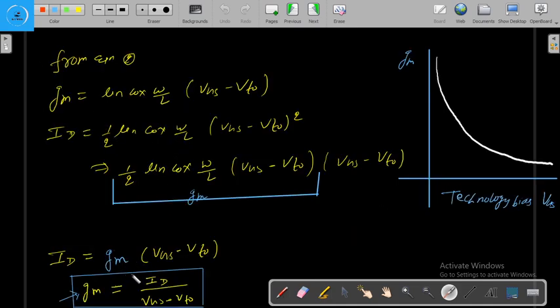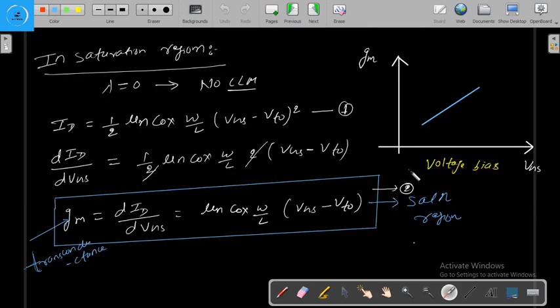The third formula is gm = Id divided by (Vgs − Vt0). This is also an important formula, and the graph between gm and Vgs is a hyperbola, which is the technology bias curve.